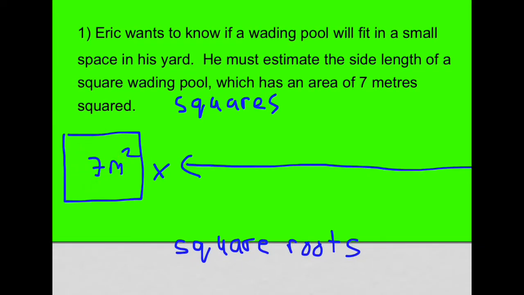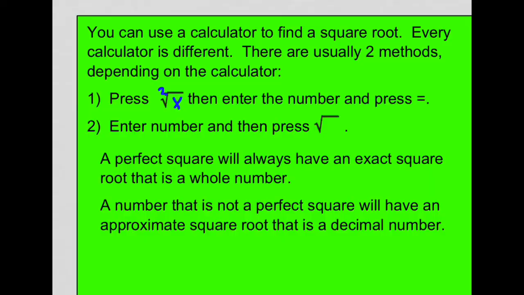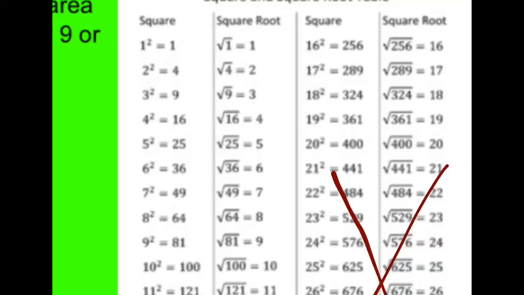The reason we have to estimate it is because 7 is not a perfect square, right? If we go back to this page, 7 is not a perfect square. The first perfect square is 1, the second perfect square is 4, then 9, then 16. The closest perfect squares to 7 are 4 and 9, so those are really important.